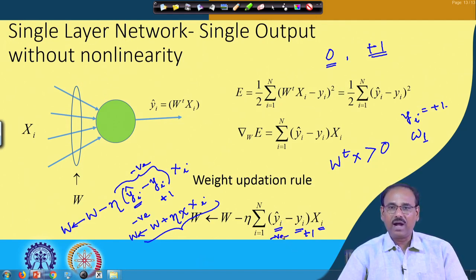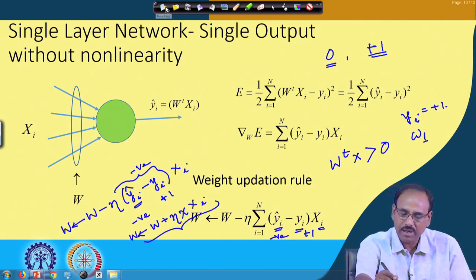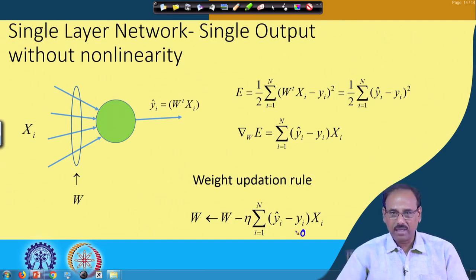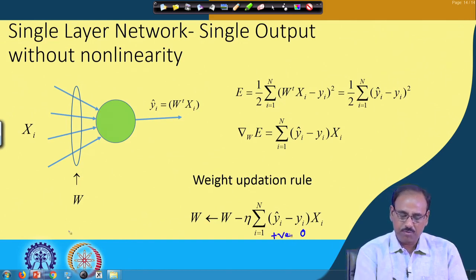But if I get yi hat to be positive, so over here my yi is 0, that means xi belongs to another class for which yi hat, which is computed by this neuron, should be negative. But if I get this as positive, okay, again as before, the updation that I am doing is W as W minus some eta chi times xi.